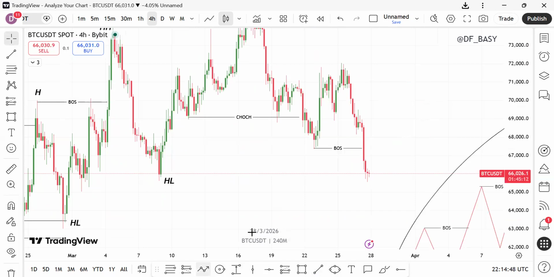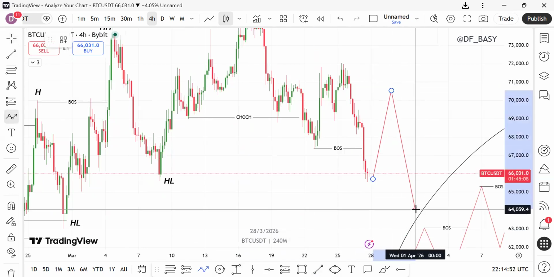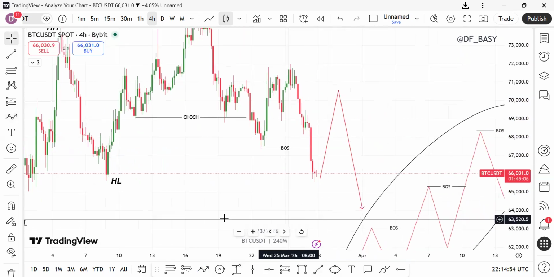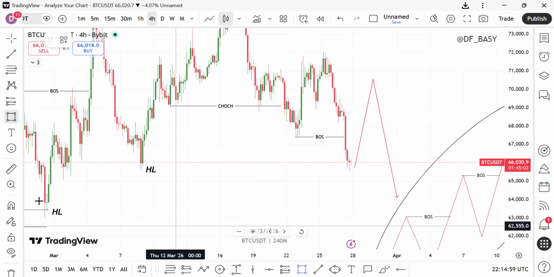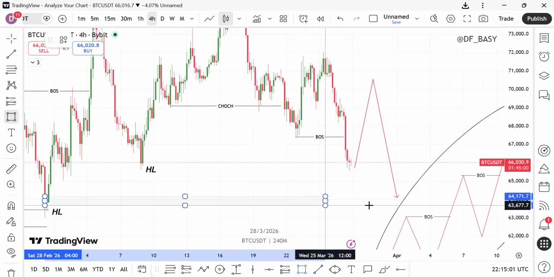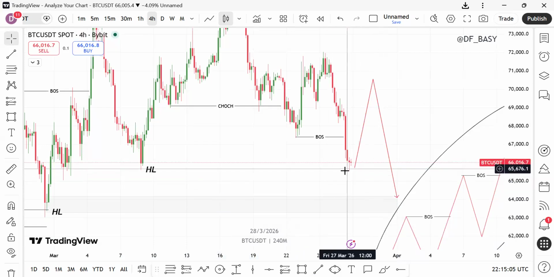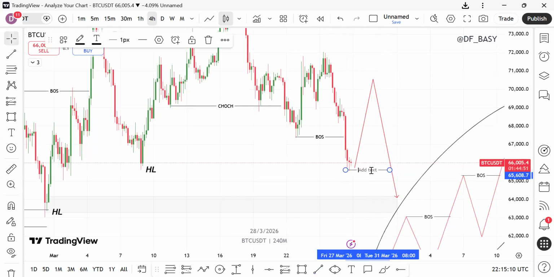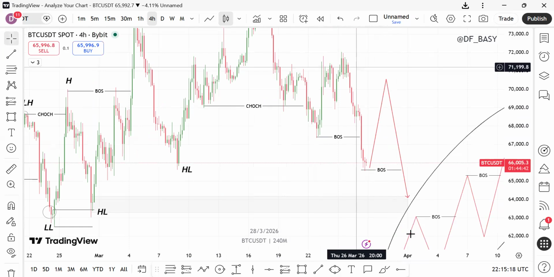For Bitcoin, I'll be expecting sales: for the market to come back, break structure again, and tap this other block. If I were to buy from this other block here, I'd be expecting strict confirmations, because the structure bringing the market down to that zone is bearish, and that would be a counter trend trade. So I'll be looking for sales as the market comes back to this block here.